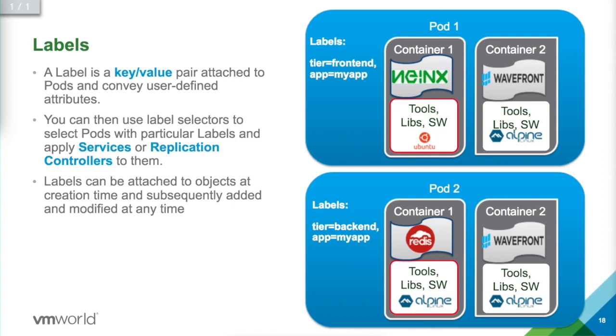Services and replication controllers that use label selector to match pods are refreshed in real time when labels are imposed or modified on pod. For instance, if we change pod 2 with label tier equal frontend, pod 2 will immediately become an endpoint of the service named frontend, alongside with pod 1.